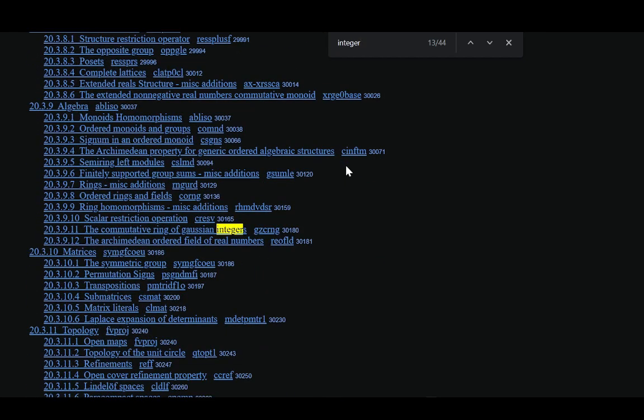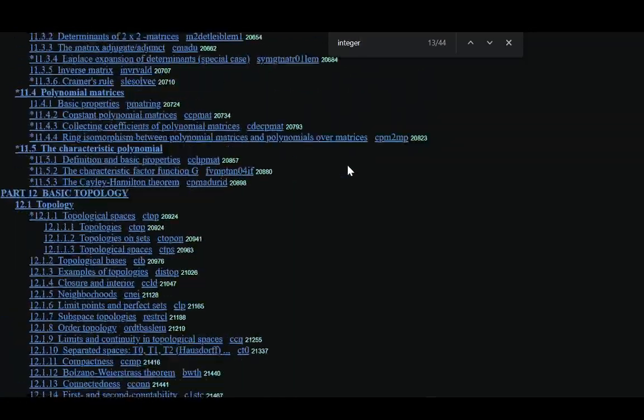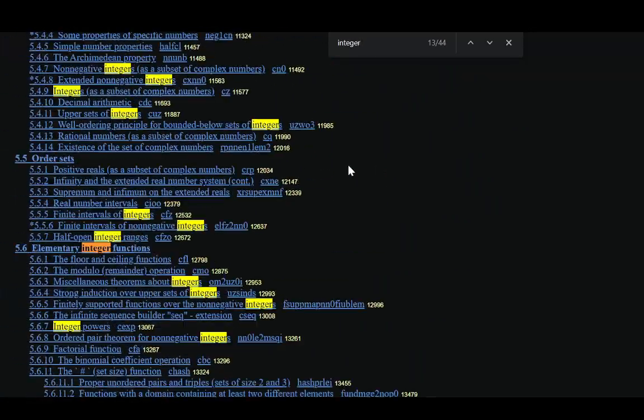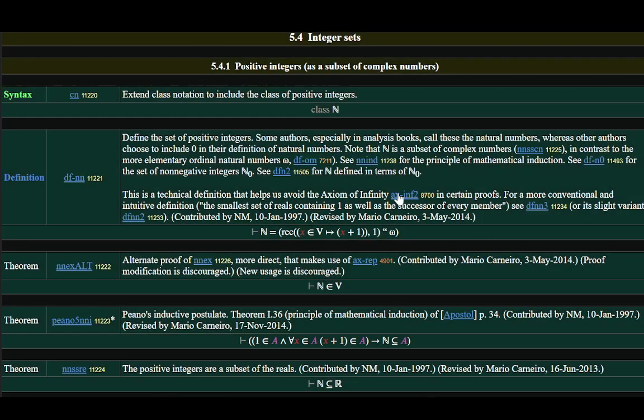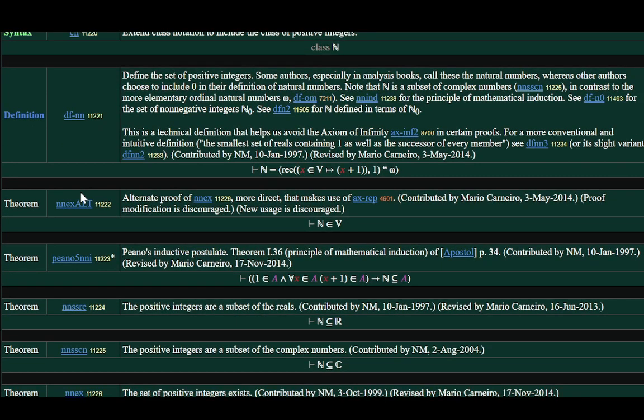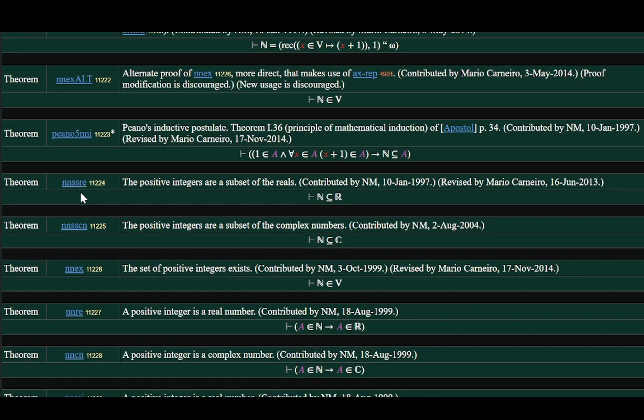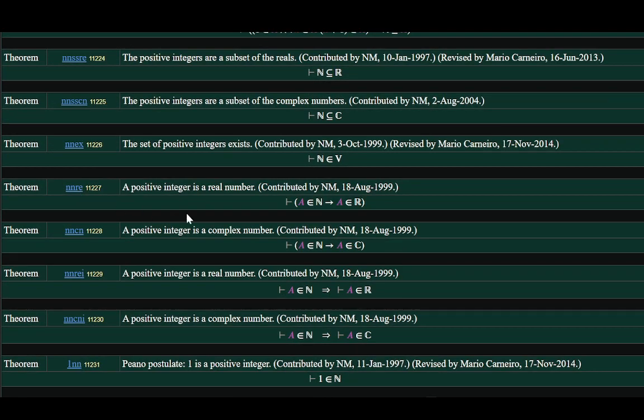But let's try integer sets. Integers. Yeah, so that's what we were using before. If it's natural, it's complex.